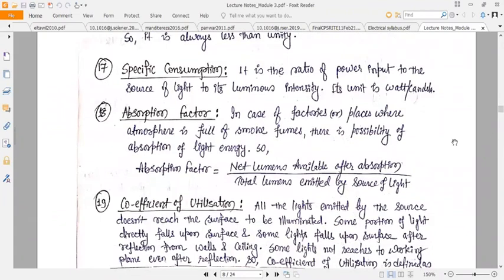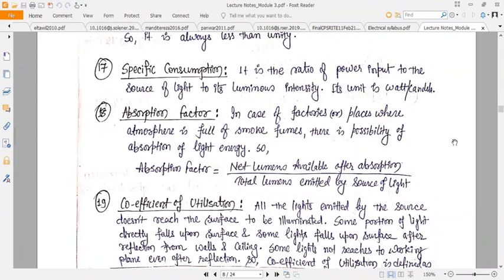Next one है हमारा specific consumption. It is the ratio of the power input to the source of light to its illumination intensity. Specific energy consumption पढ़े थे ना, it is similar to that.